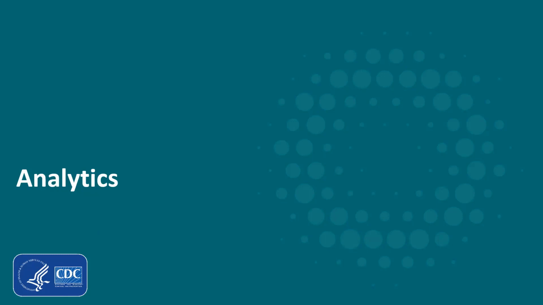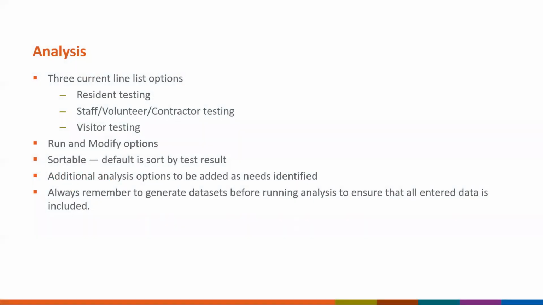Now we'll look at the analytics options available in the POC tool. There are three current options for line lists in the NHSN POC tool: one for resident testing, one for staff and volunteer contractor testing, and one for visitor testing.